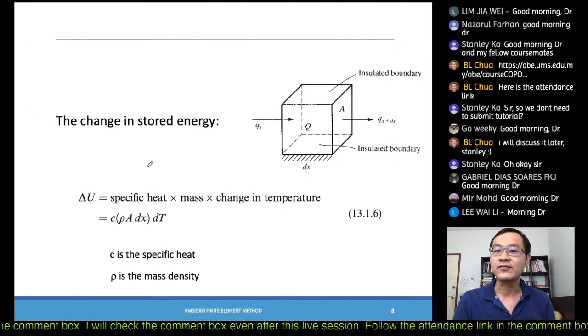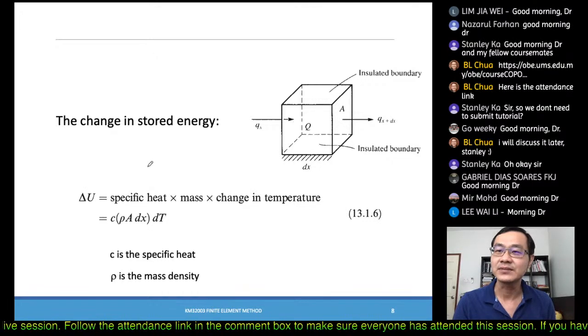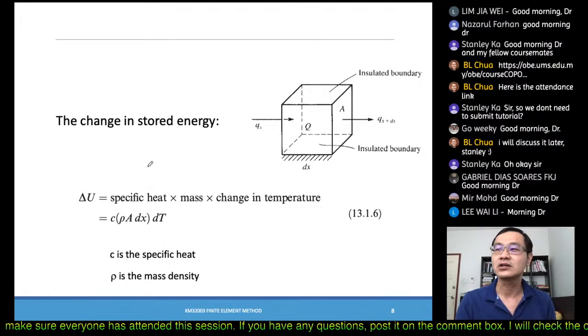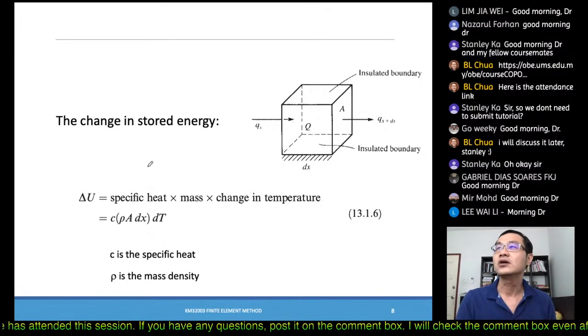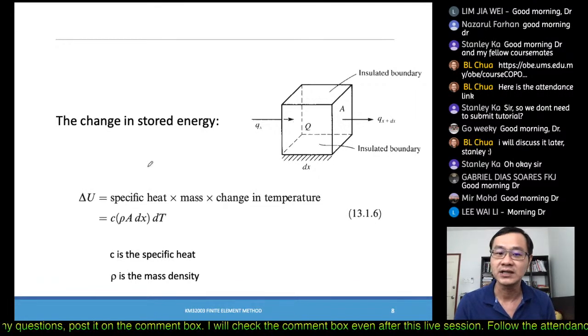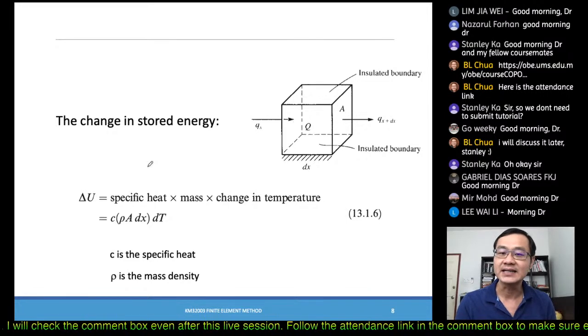Then whatever is left, in and out may not be the same, meaning something is missing, and that something may be lost or stored. But in our control systems, we don't consider losses, we don't have convection and radiation. Therefore whatever changes will be stored inside the element itself.